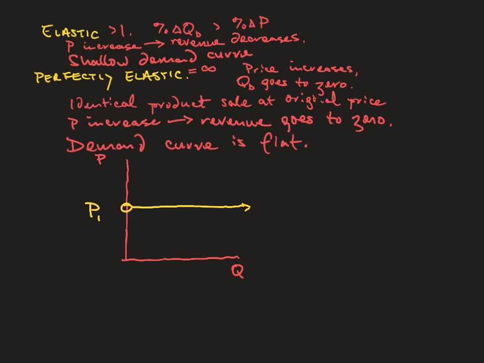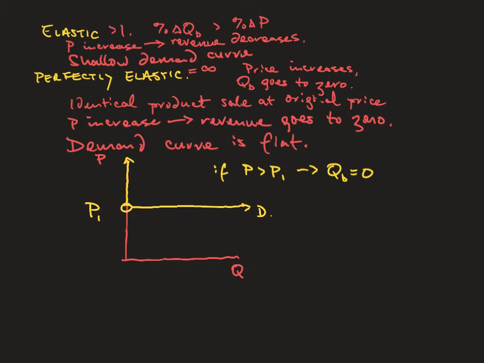At a price above P1, quantity demanded is zero. Does that make sense? If the price is greater than P1, quantity demanded is zero. But we just refer to this as a flat demand curve.